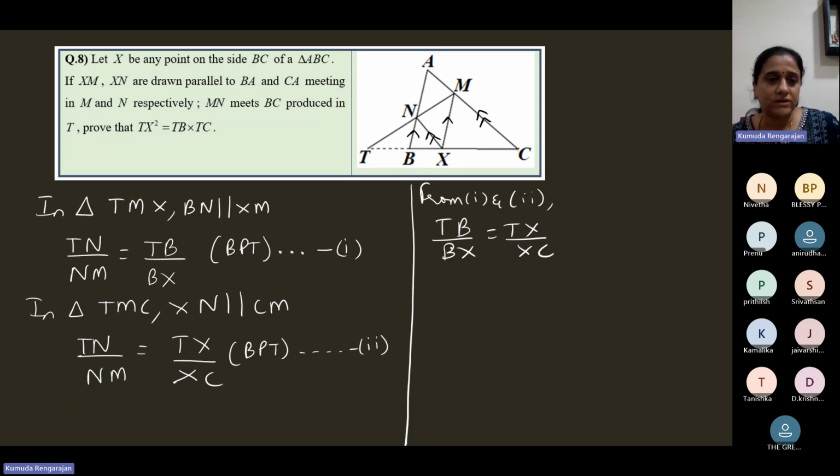So when you compare this with the result, we don't want BX and XC. BX is not there, XC is not there. What you don't want, take to the numerator.